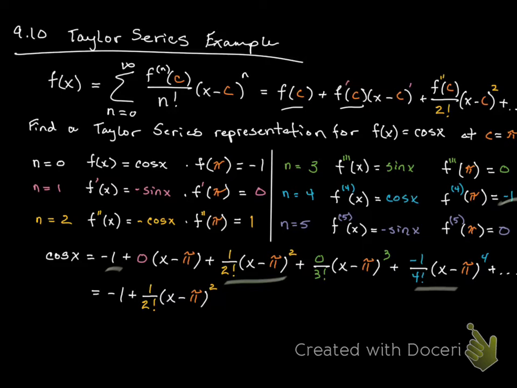The third piece is from when n is 4. I've got minus 1 over 4 factorial x minus pi to the fourth. And then what would I get next, I alternate again. I'll get a 1 on top, divided by 6 factorial, x minus pi to the 6th, so on and so forth.